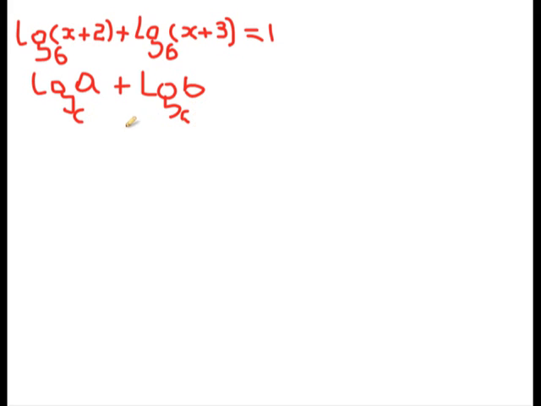If we have the same base and we have an addition of logs, we can write it in another form: log base c of a times b. Okay, that's the formula.